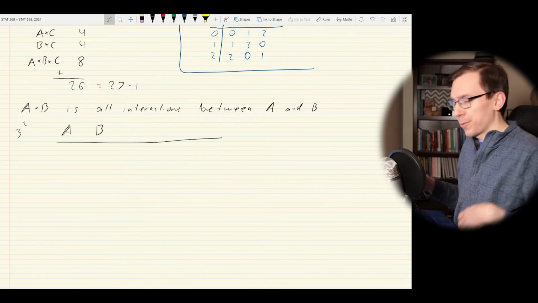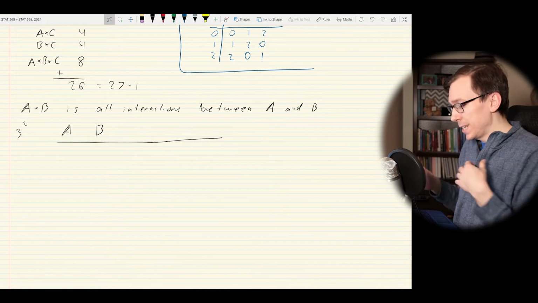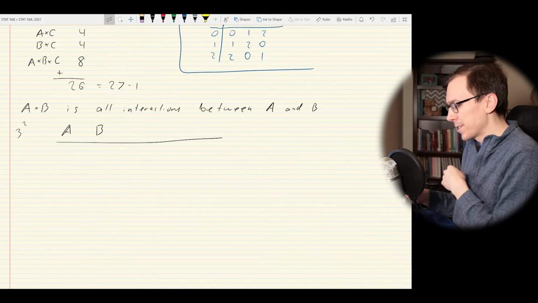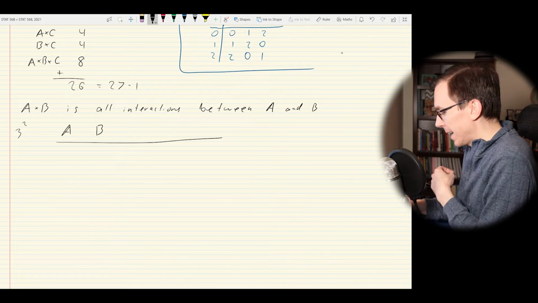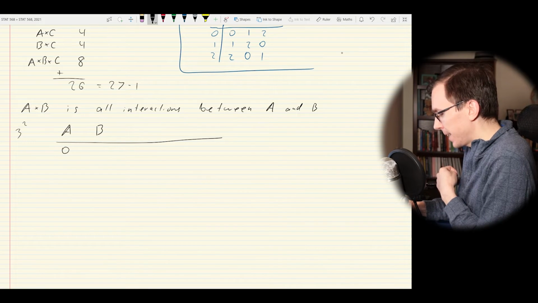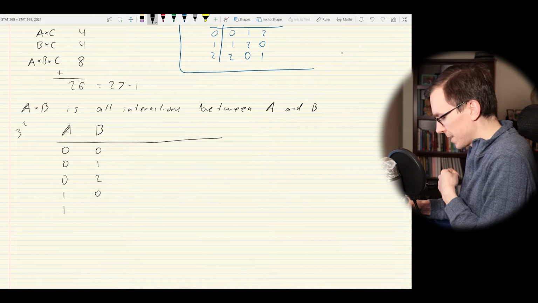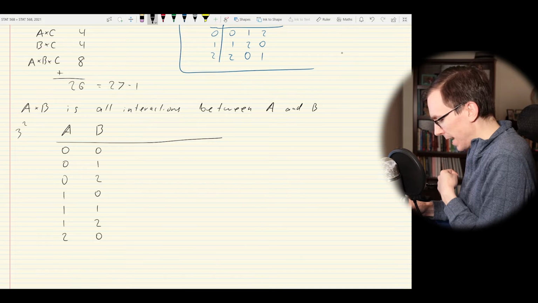We're going to have 9 elements in our design, or 9 data points, and 9 different treatments. We're going to test every combination of A and B together, all combinations of A at various levels and B at its various levels.